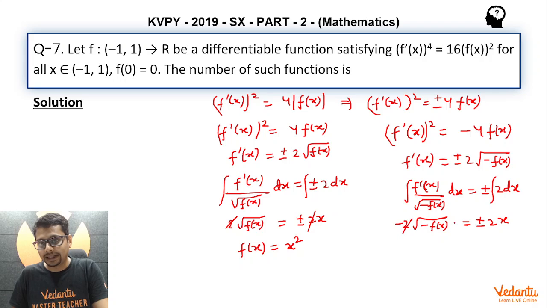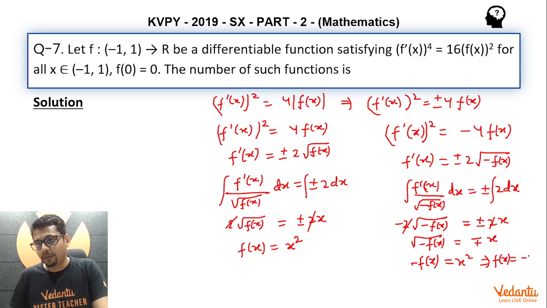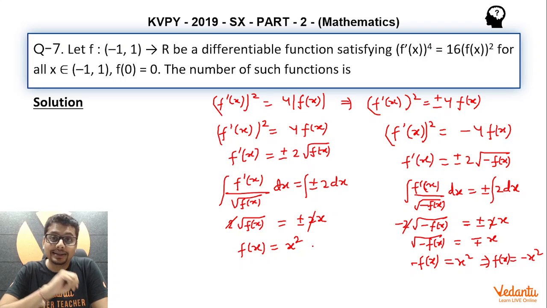So here you may cancel this 2, and this minus sign. Let me write it this way, so instead of plus minus, it will become minus plus. Anyway, root of minus f(x), as you square both sides, will be x square, which means f of x is equal to minus x square. So there seems to be two possibilities. f of x is equal to x square, f of x is equal to minus x square.